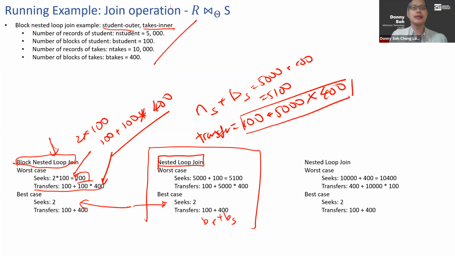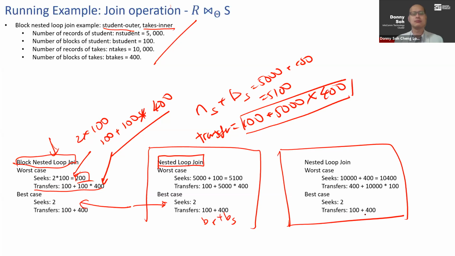Okay, let's look at the next example, which is the nested loop join. Just now we talked about the nested loop join, so why do I have two nested loop joins here? Is it strange?